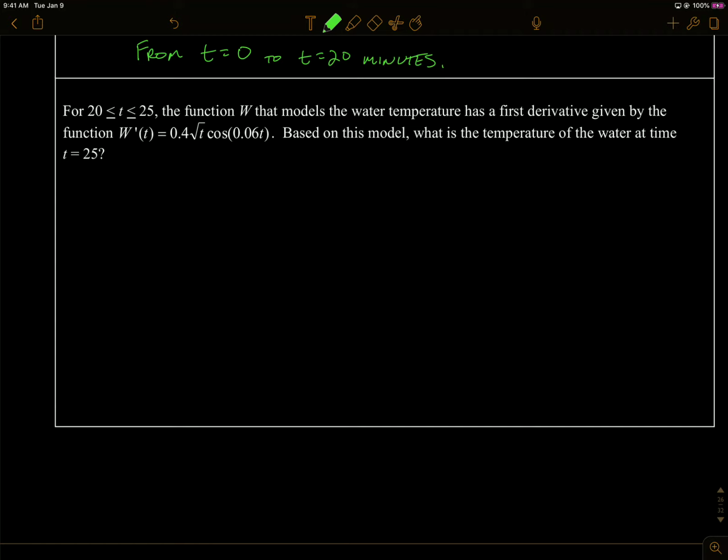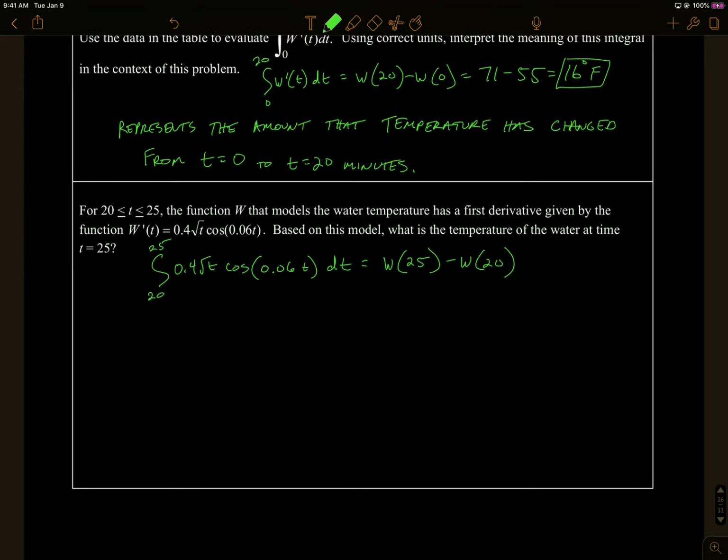We have an equation for W prime, and we want an equation for W. That means we can integrate W prime to get W. So if I go from 20 to 25 of 0.4 square root of t cosine of 0.06 t dt, that's going to be equal to W of 25 minus W of 20.